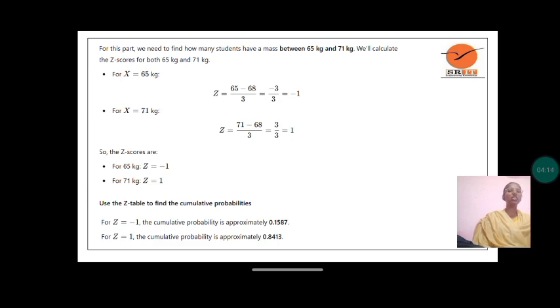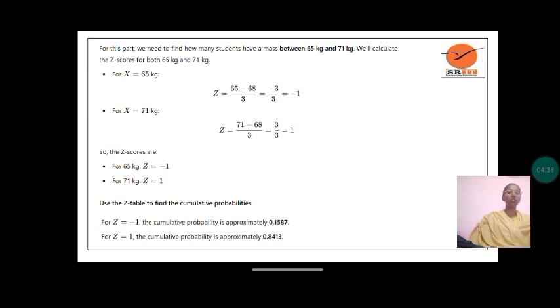We calculate the z score for both. For x equals 65 kgs, z equals 65 minus 68 divided by 3 equals minus 3 by 3 equals minus 1. For x equals 71, z equals 71 minus 68 divided by 3 equals 3 by 3 equals 1.